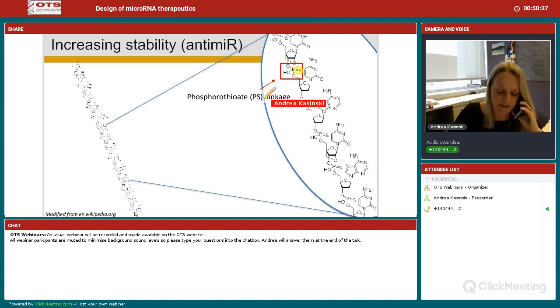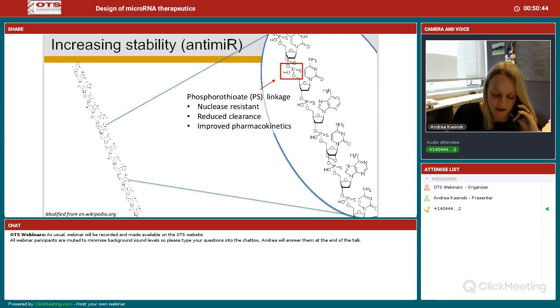This molecule with these PS linkages is substantially more stable towards hydrolysis by ribonucleases compared to unmodified RNAs. And another interesting point to bring up is that PS modified oligos have higher affinity to plasma proteins. And what this does is it reduces their clearance and excretion.